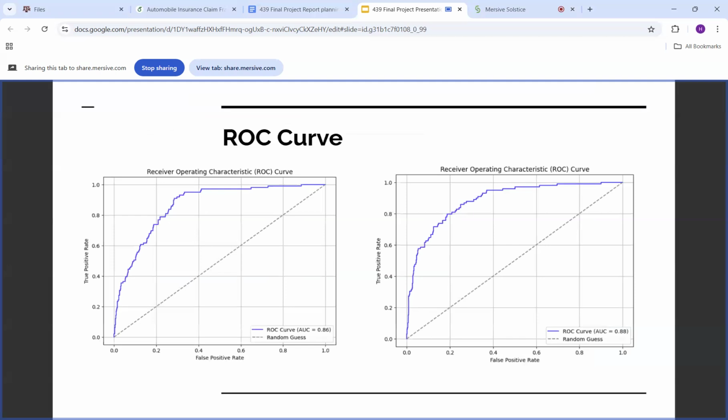So let's evaluate the performance of this best model. As we can see, the graph on the left is the ROC curve before we removed the noisy features, and on the right is after we did so. The AUC score on the left is 0.86, and on the right is 0.88.